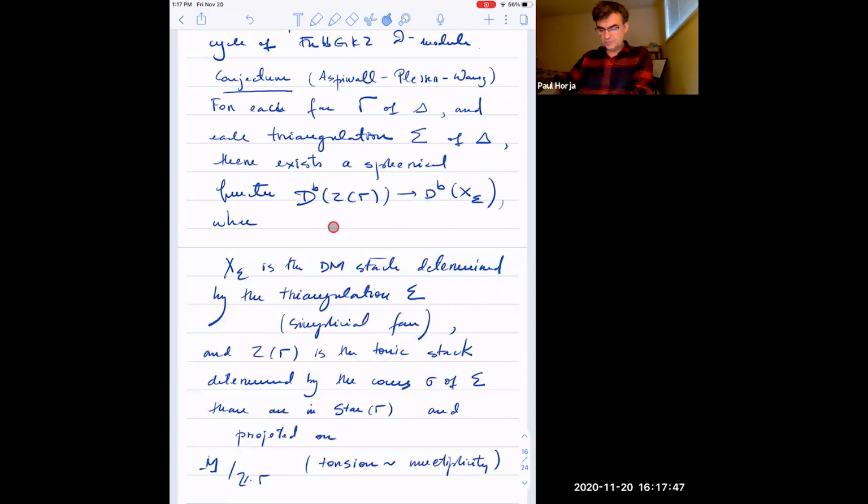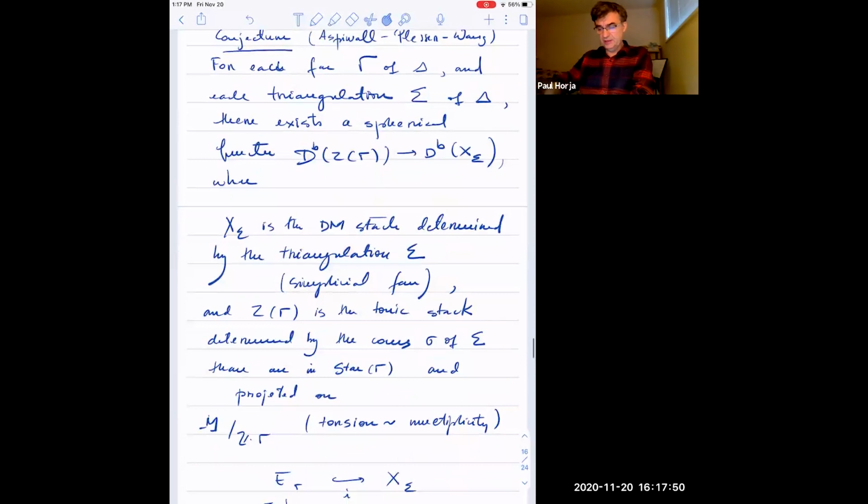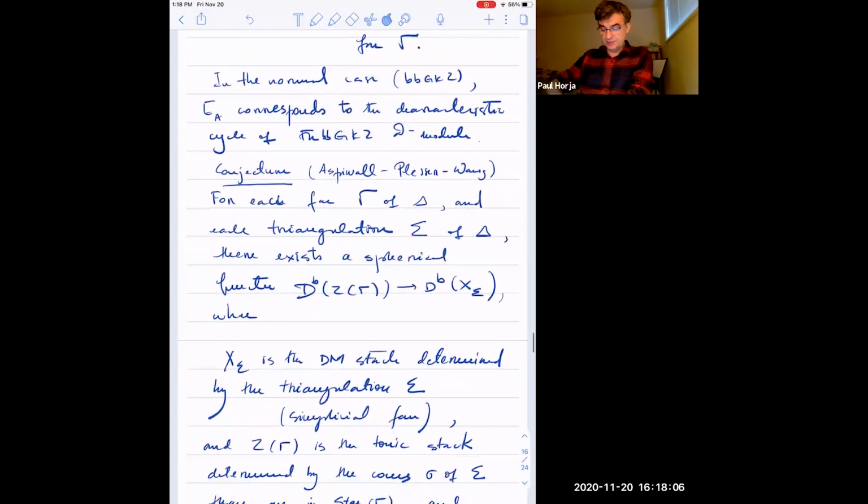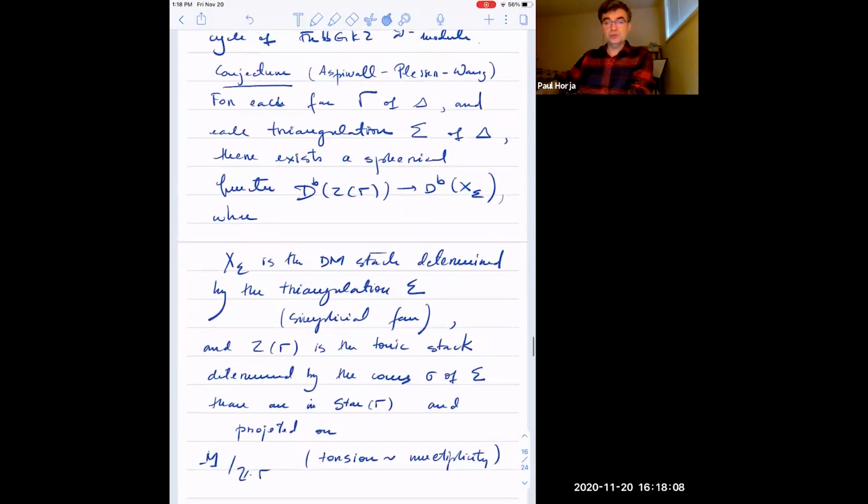So as I mentioned, the multiplicity that shows up in the formula, and it has to do with the multiplicity of the component in the characteristic cycle, has to do with torsion. And in fact, in the world of toric stacks, torsion, although a little bit unpleasant, is manageable.